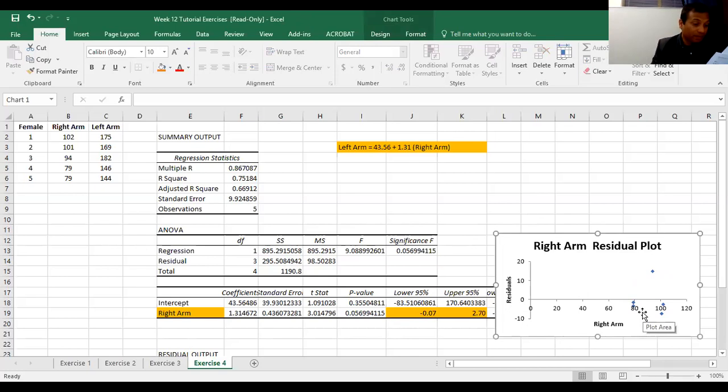Next one. What is the coefficient of determination? In this case, R square is 0.7518. So 75.18% variance in left arm is explained by the explanatory variable right arm.